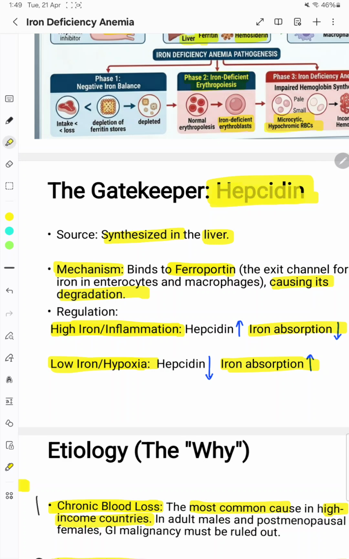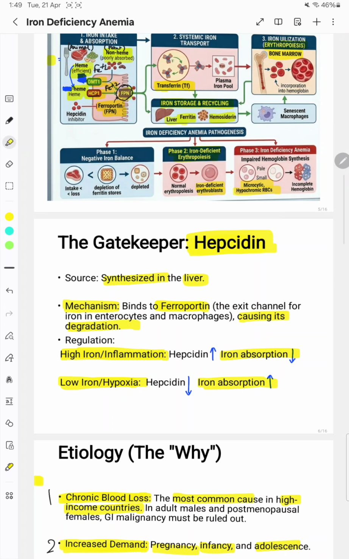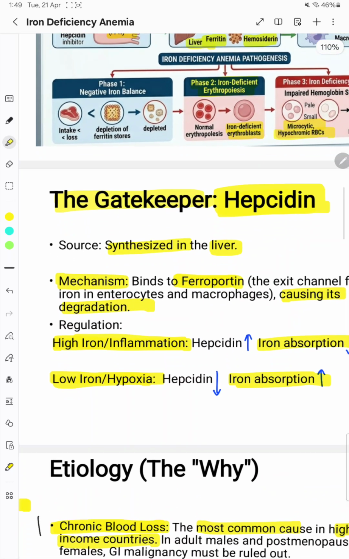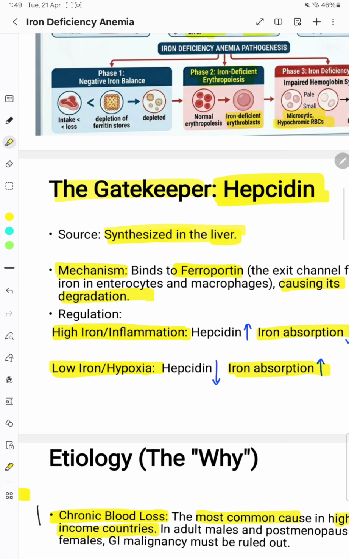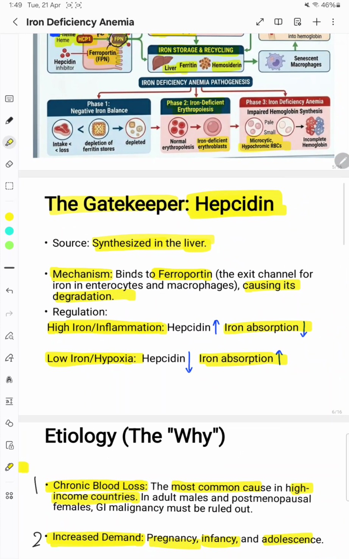Hepcidin is a very important protein which plays a very important role in iron absorption and metabolism. It is the gatekeeper of iron metabolism. It is synthesized in the liver. The mechanism of hepcidin is that it binds with ferroportin and causes the degradation of ferroportin.